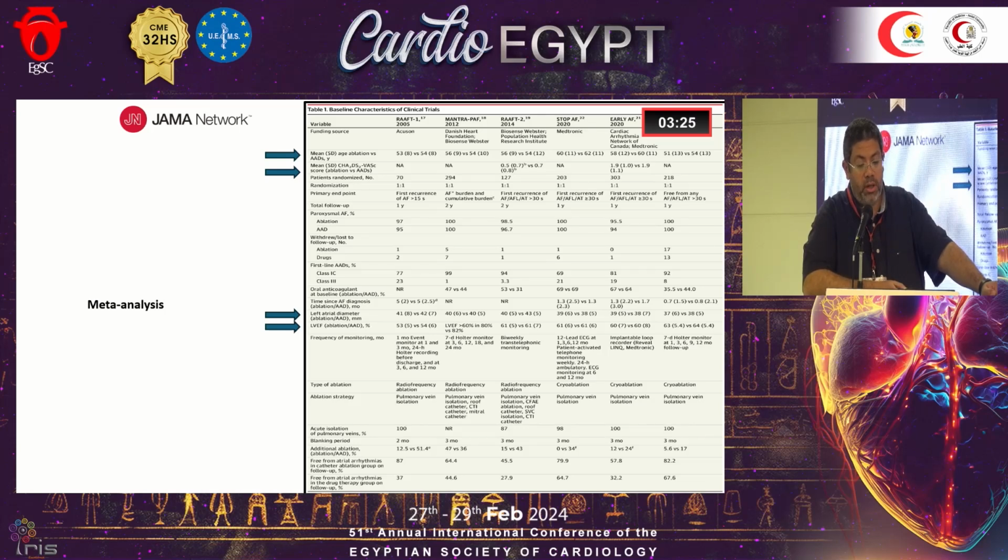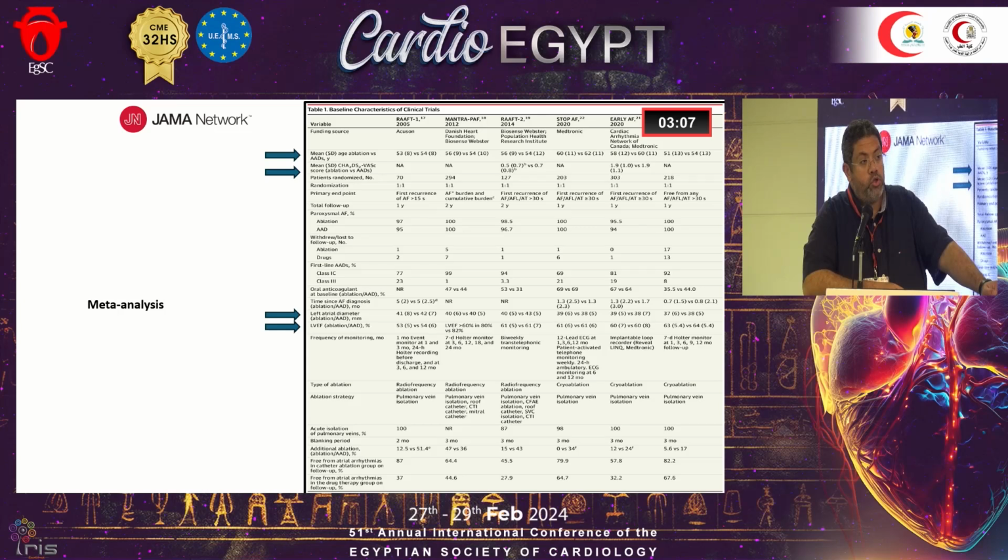It's important to realize that in all these studies the patients were relatively young, with a mean age in the 50s. Whenever the CHA2DS2-VASc score was reported, it was low, except for the EARLY-AF study, which was close to 2.